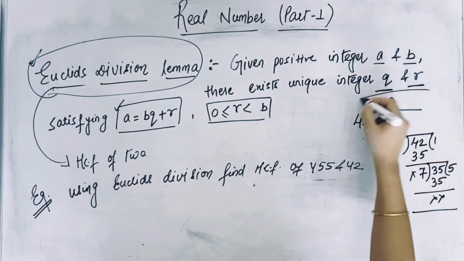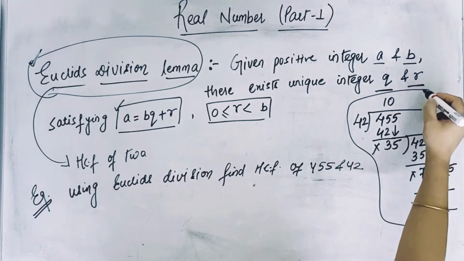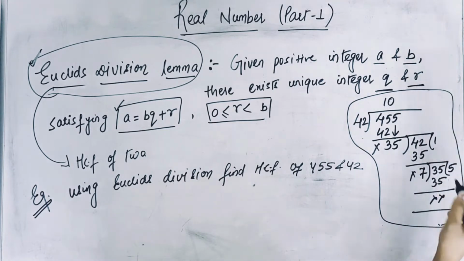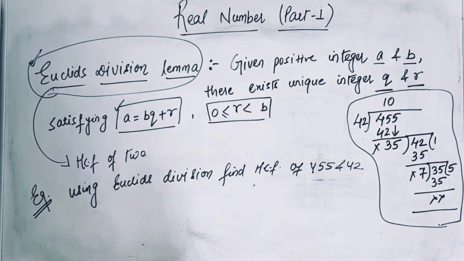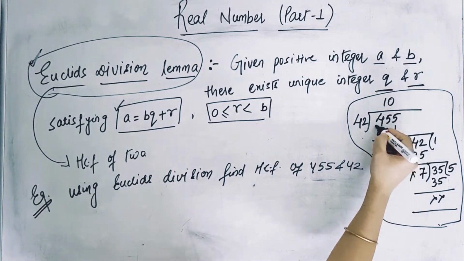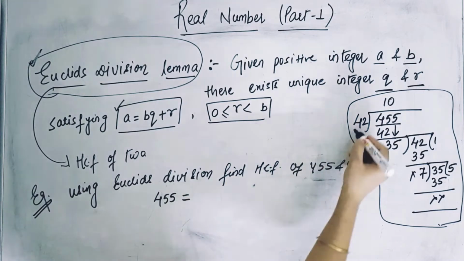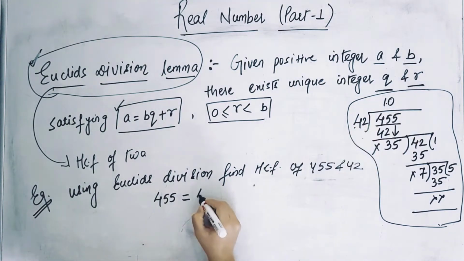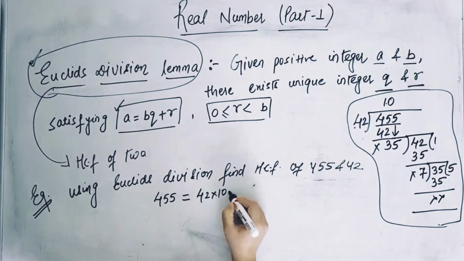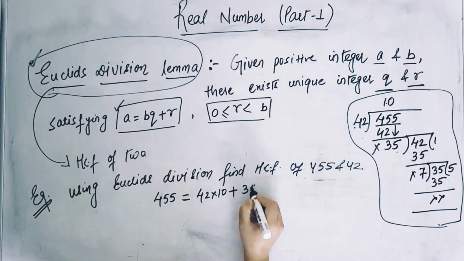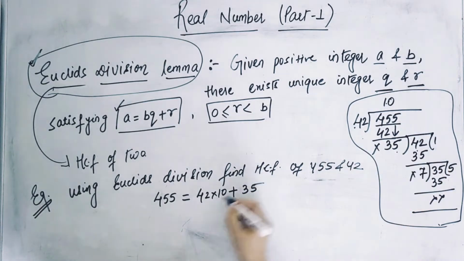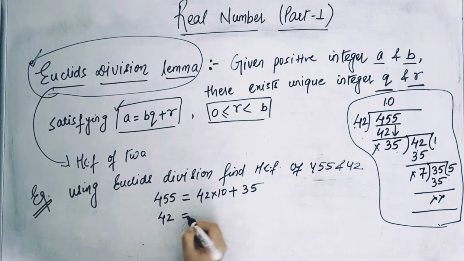Now, the same thing we have to write in steps. When we write the same thing in steps, we call it Euclid's division algorithm. So the first step was 455 equals 42 into 10 plus 35. Second step, now again 42 will be equal to 35 into 1 plus 7.